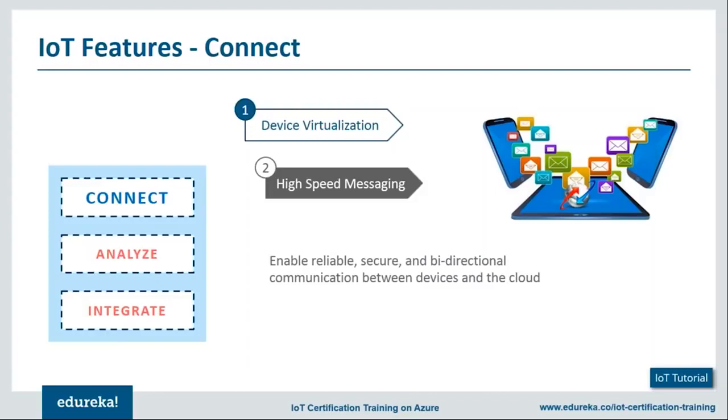This basically means that there needs to be a reliable, secure and bidirectional communication channel between the devices and the platform. The purpose of it being bidirectional is that you need to control each one of them as well. Let's say I want to switch on the AC, then the signal would be going from the cloud platform to the device. So this is how it works. Every communication needs to be reliable, secure and bidirectional as well.